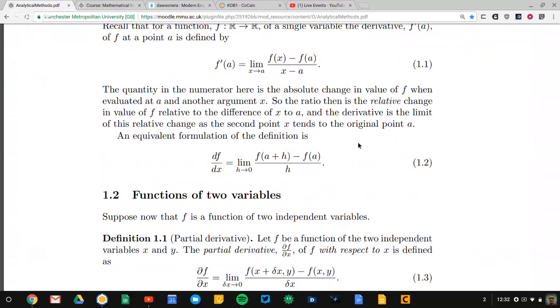And at that point, this chord will have converged to or arrived at the tangent line, if you like. So that's a quick look at the definition of the derivative that we met last year, and linking it to the graphical interpretation of the function through its graph.